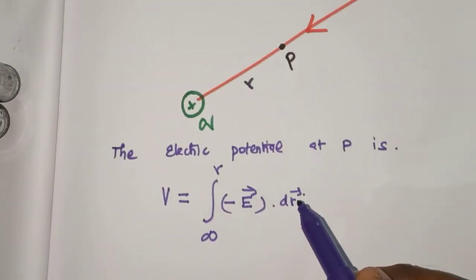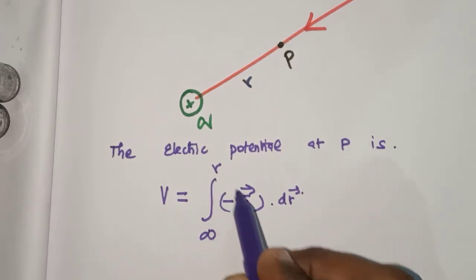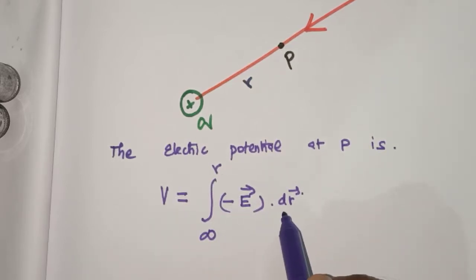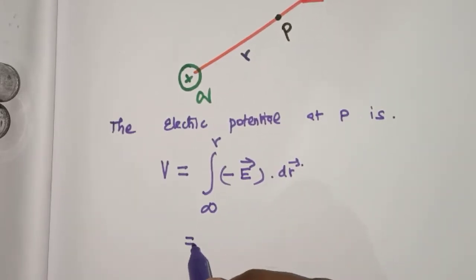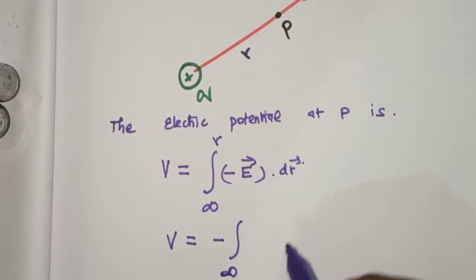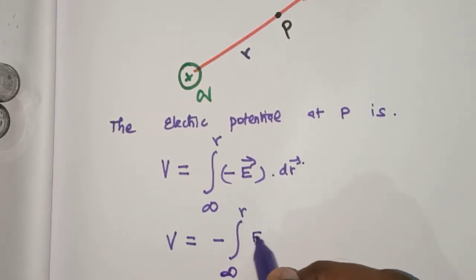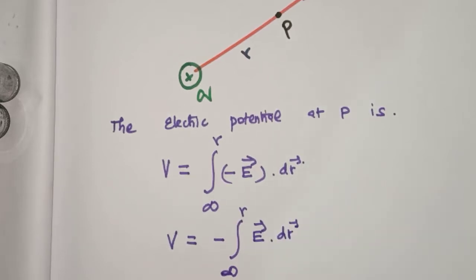So the electric potential at point P is given by V is equal to minus the integral with limits infinity to R of E vector dot dr vector.